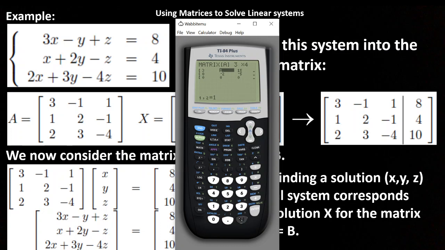3, negative 1, 1, 8, 1, 2, negative 1, 4, and then 2, 3, negative 4, and 10.